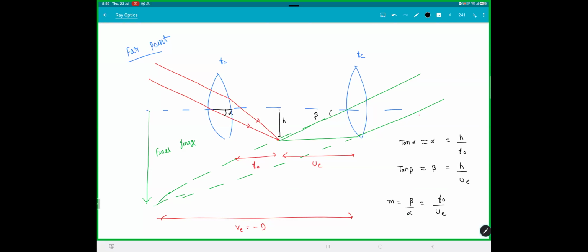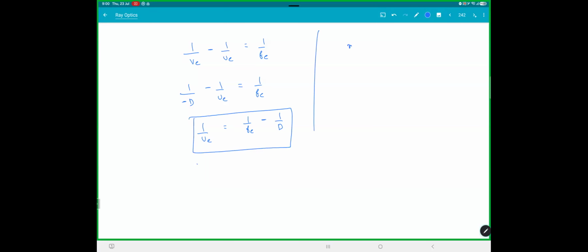Previously that UE used to become FE. Now you've got UE there. And then we can use the lens formula: 1 by VE minus 1 by UE is equal to 1 by FE. This is 1 by minus D, minus 1 by UE is 1 by FE. Multiply with f naught, so magnification would be f naught by UE.